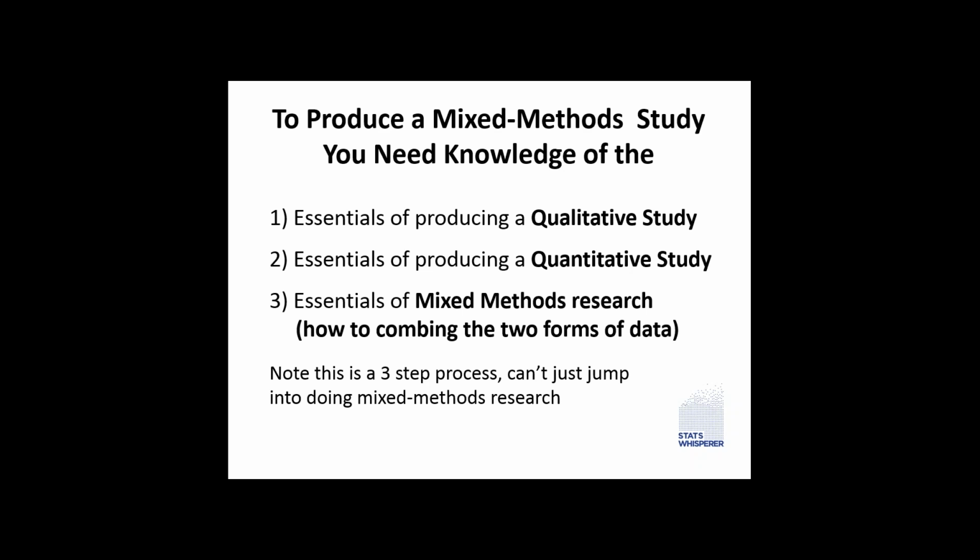So you have to be a competent quantitative researcher, right? Then you need to know the essentials of mixed methods research, like how to combine the two. It's rather like the Reese's peanut butter cup. You have to know how to make the chocolate, you have to make the peanut butter, you have to know how to combine them, right? You can't just jump right into mixed methods research, right?